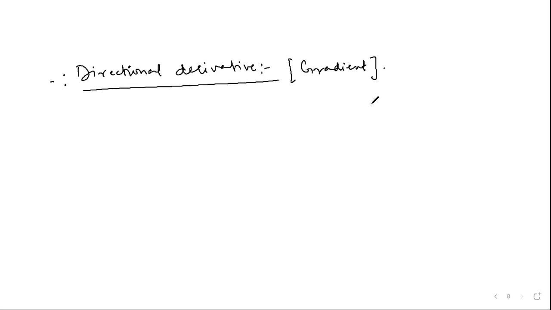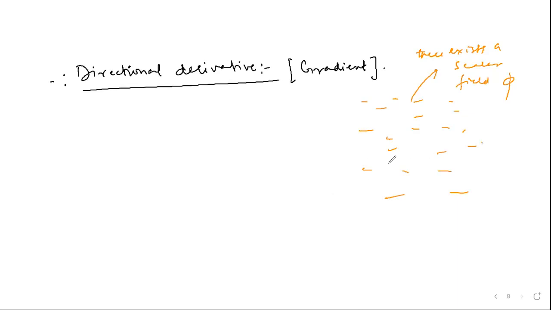Suppose there is some region in space, and in this space there exists a scalar field, phi.